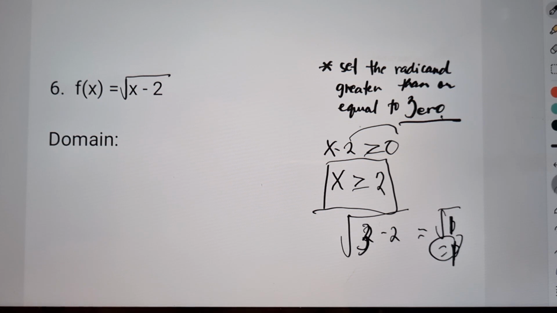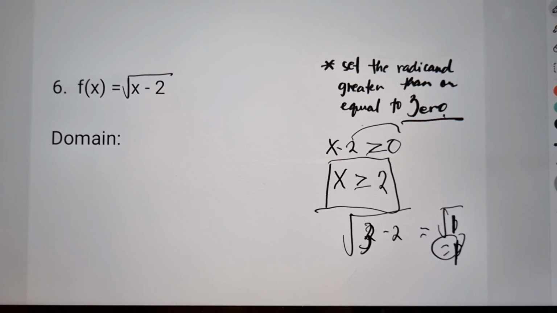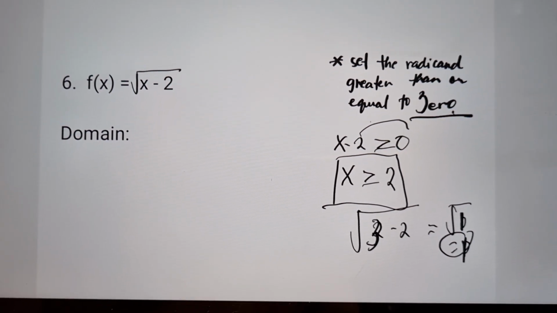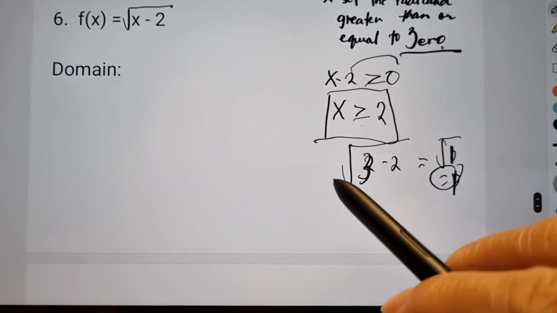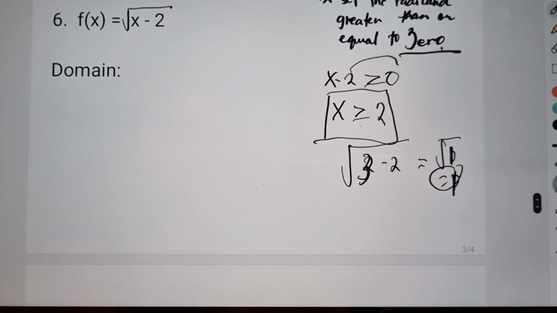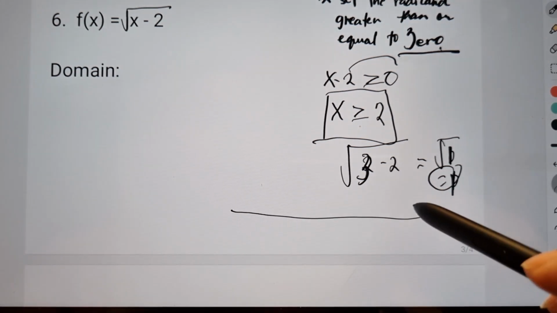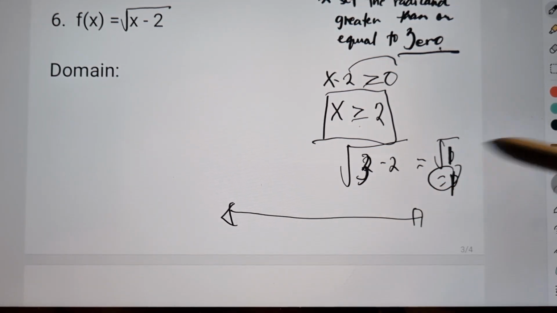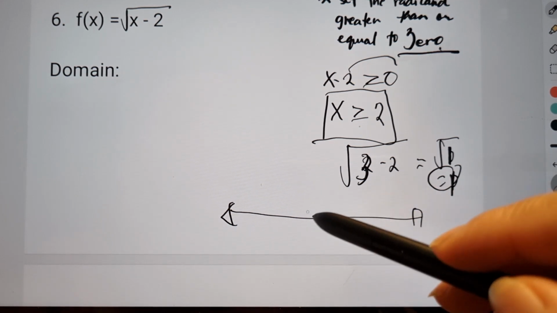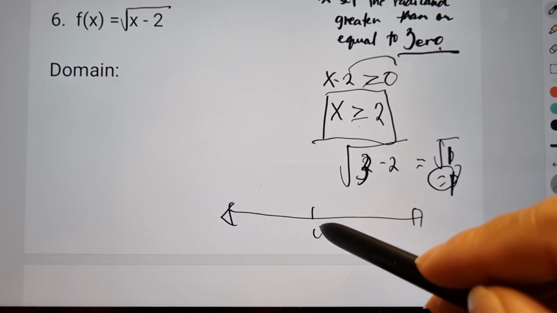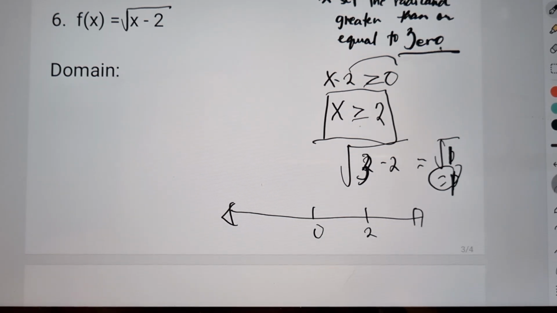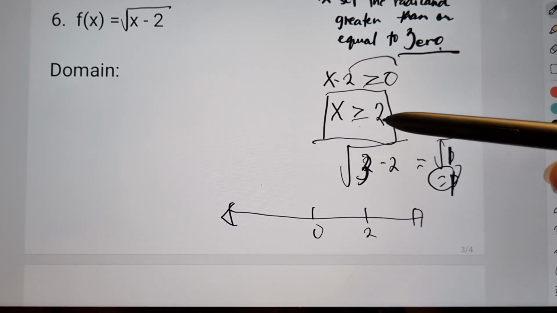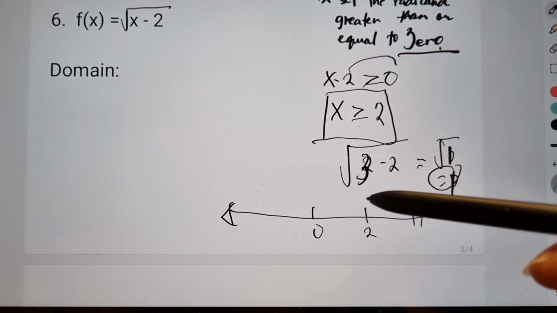Okay. Now, paano natin ngayon kukunin yung domain? So, again, since ang focus natin ay x values, we're just going to draw a horizontal line. Napakadali lang. Ito yung 0 natin. Ito yung 2. Ang kailangan lang natin ay greater than or equal to 2.